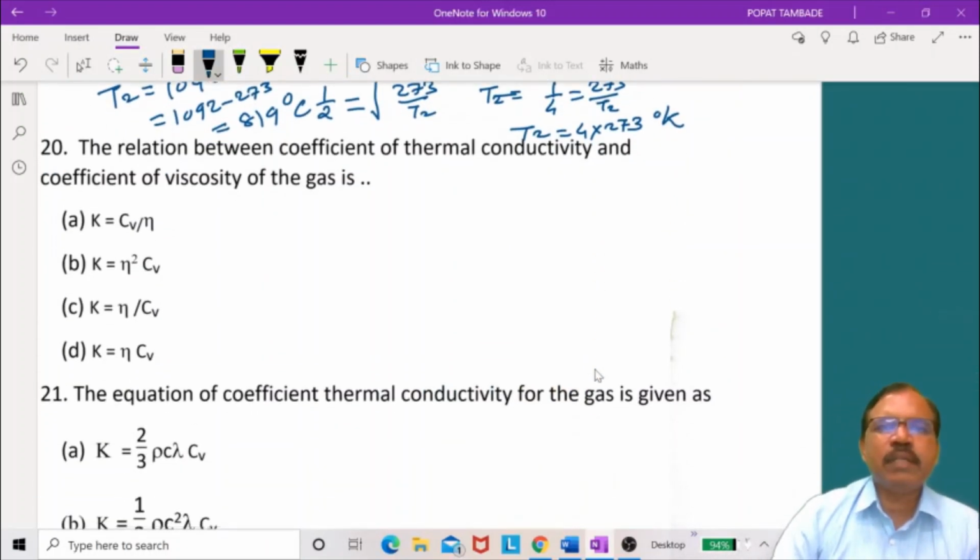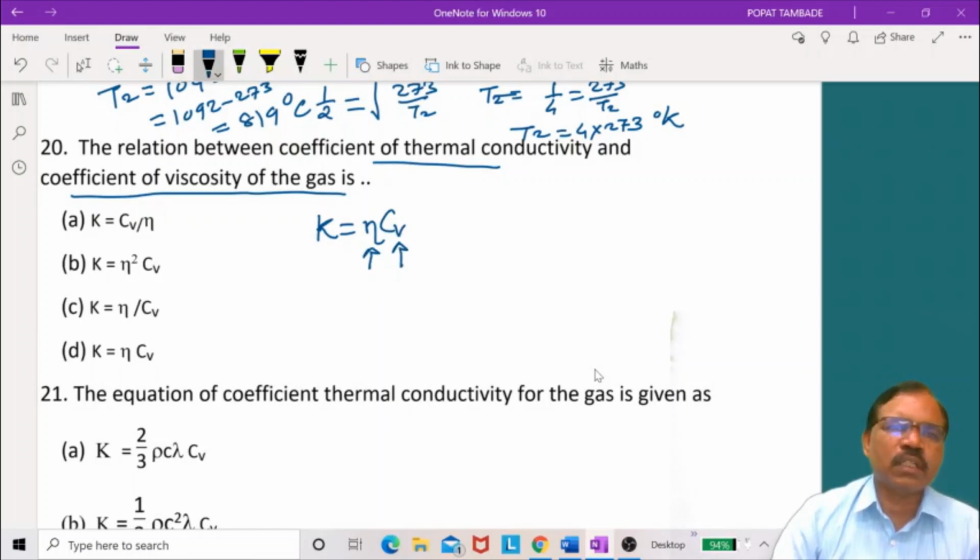Now the relation between coefficient of thermal conductivity and coefficient of viscosity of the gas is simply K is equal to eta into Cv. Eta is coefficient of viscosity and Cv is specific heat at constant volume. So this last one is correct.